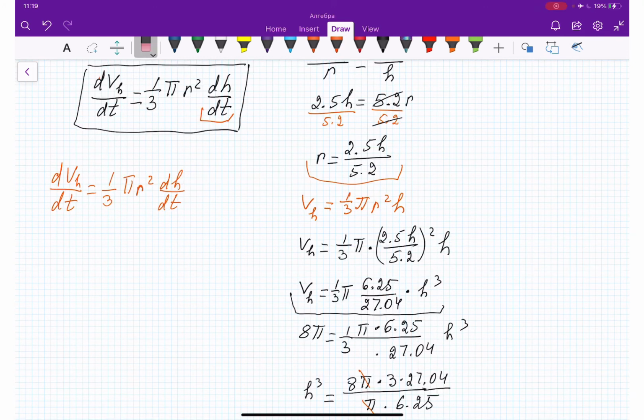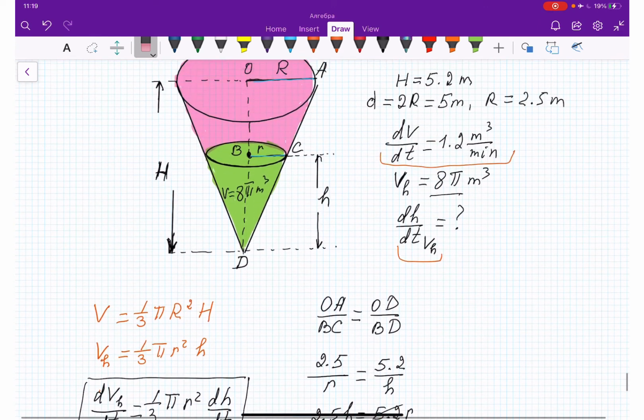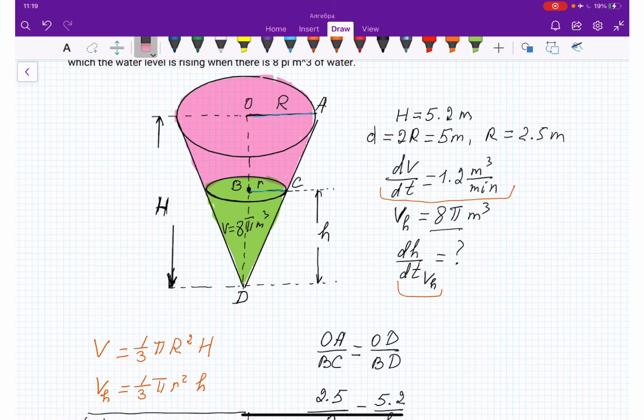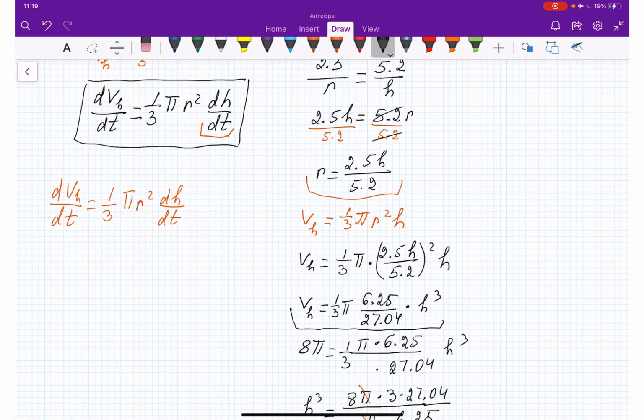Okay, let's plug the value of given data. So what do we have? dV by dt, rate of change of volume, it's 1.2, right? So we write down here 1.2 is equal to 1/3 pi.